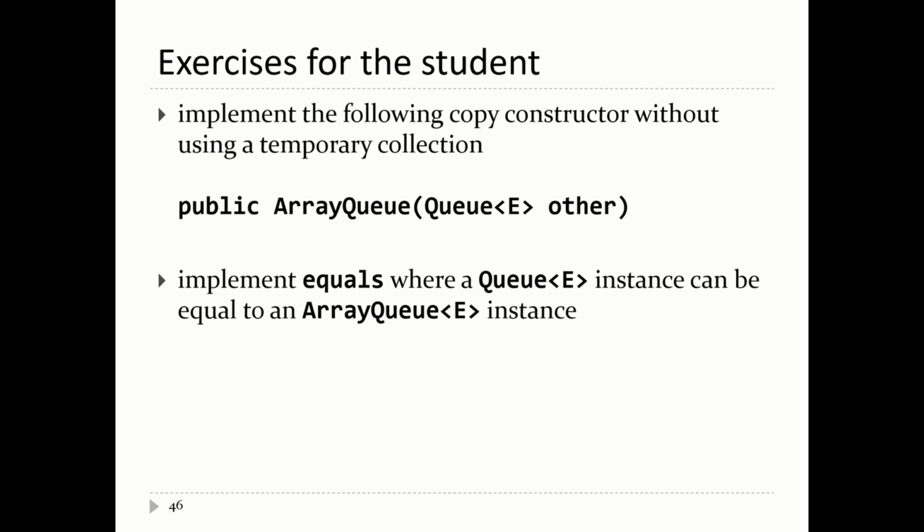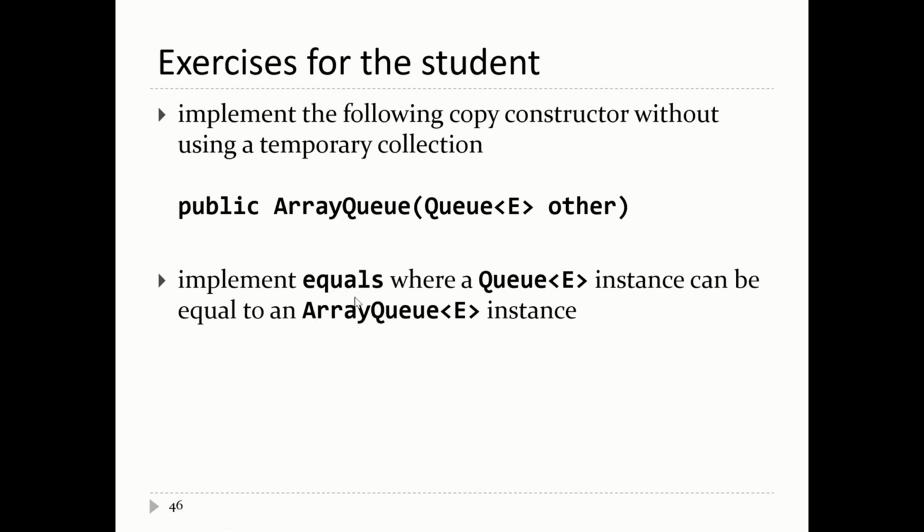You just know that it's a queue. You don't know if it has an array inside of it, or a list inside of it, or if it's a linked sequence of nodes. So how would you implement that copy constructor? That's worth thinking about.